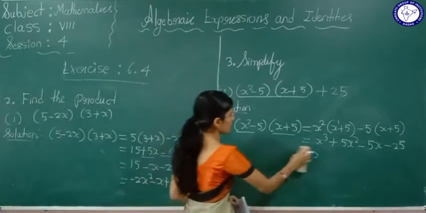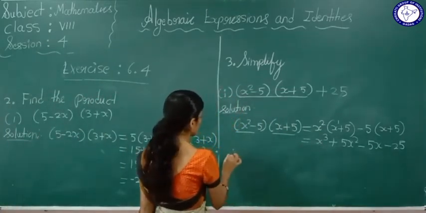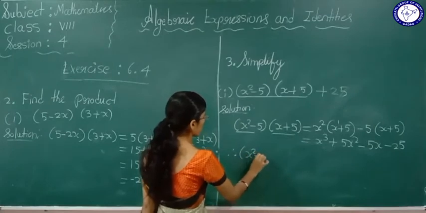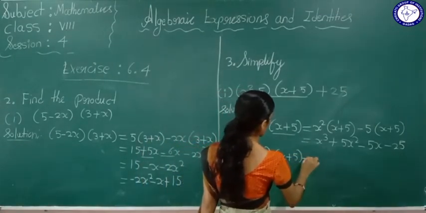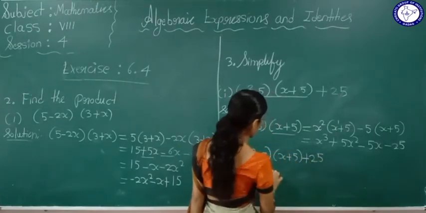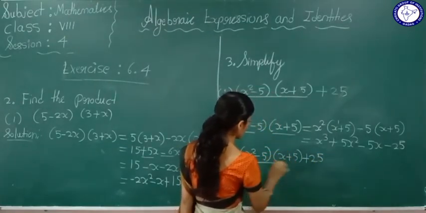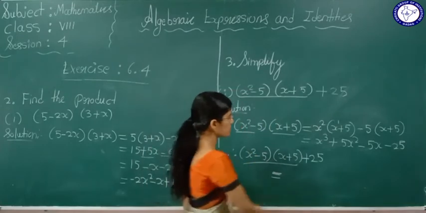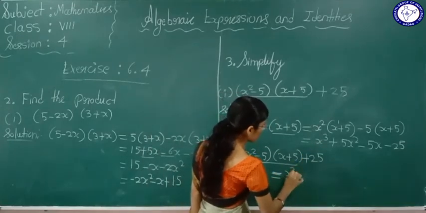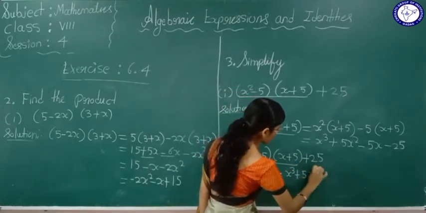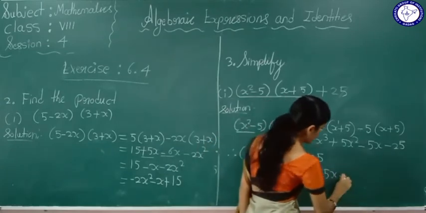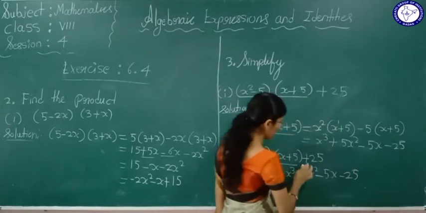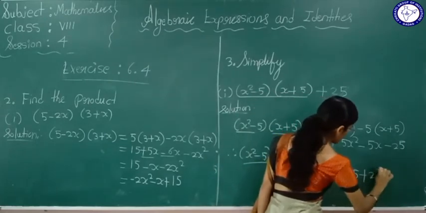So here, therefore x square minus 5 multiplied by x plus 5 plus 25 is equal to. When we have calculated this, what did we get? We got x cube plus 5x square minus 5x, minus 25 plus 25 is there.